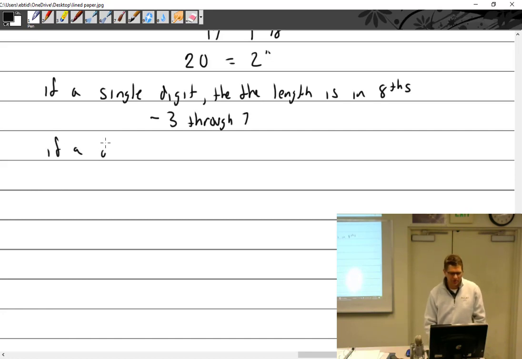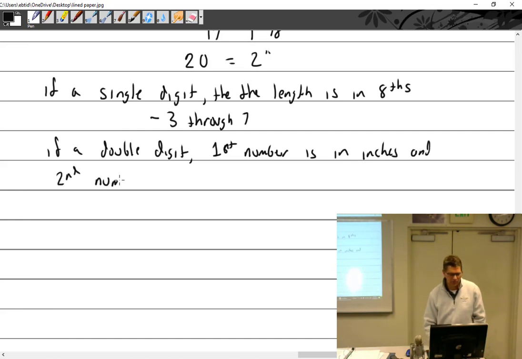If it's a double digit, the first number is in inches, and the second number is in 8ths.